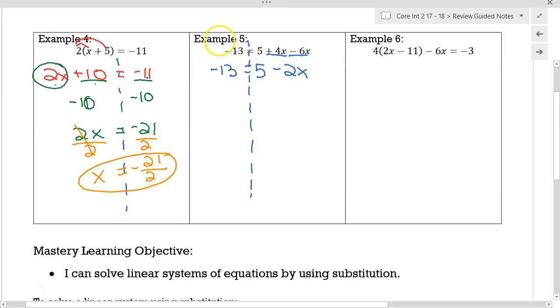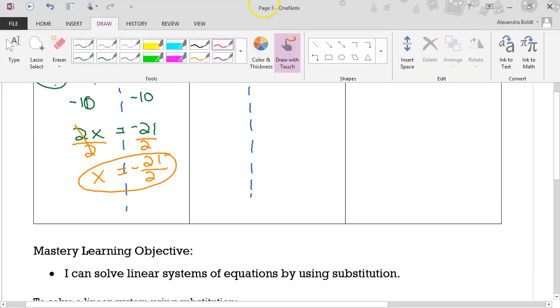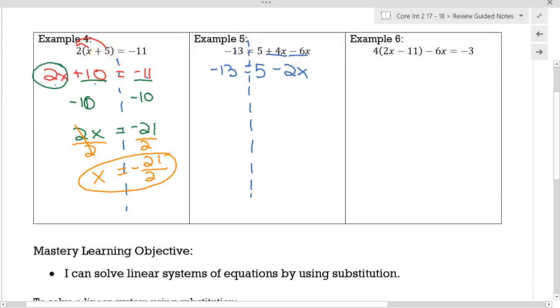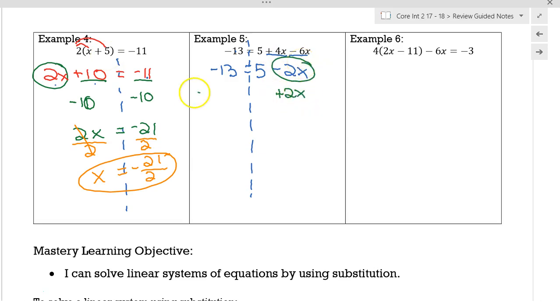Then, right, variables have to be on the left side. So I'm going to add 2x to both sides. 2x and negative 13 aren't like terms, so I just keep it as 2x minus 13 equals 5.